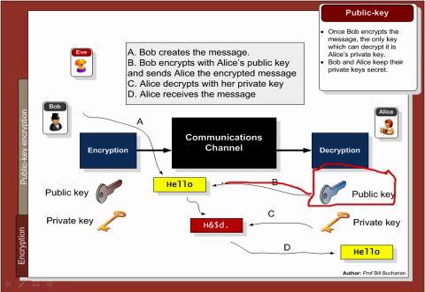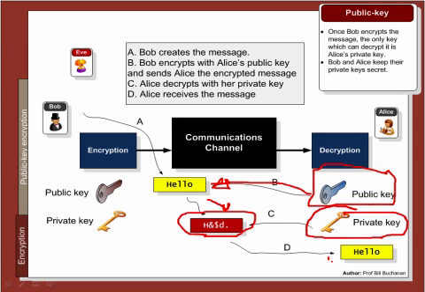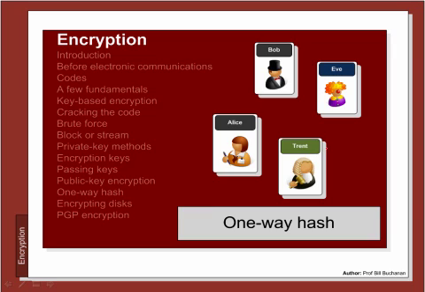He then uses that to encrypt the message, and the only key that can now decrypt this message is Alice's private key. He sends this. Eve should not be able to decrypt it. Alice then uses her private key and can decrypt the message. In that way we can keep the communications secure.